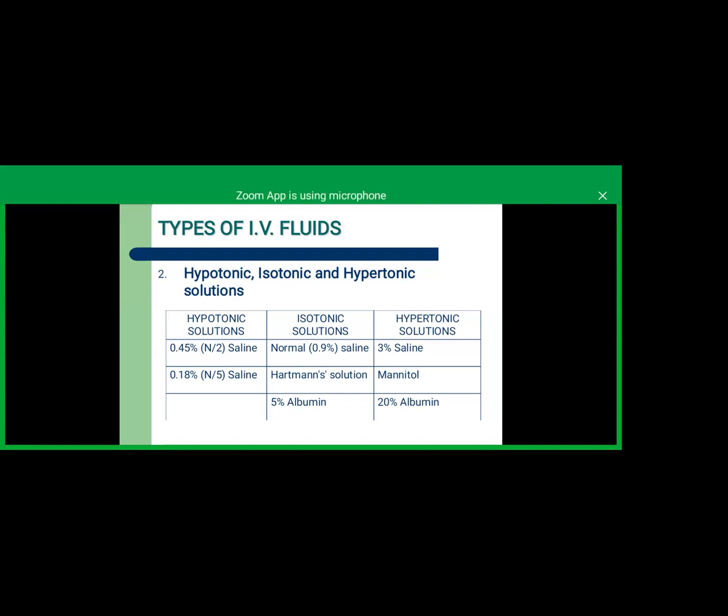If it is less than 136 millimole per liter, we say it is hypotonic. Isotonic is between 136 to 146, the same as in the blood. Hypotonic is less than 136, the lower limit of sodium in the blood, and hypertonic is greater than 146, the higher limit of what we have in the blood.